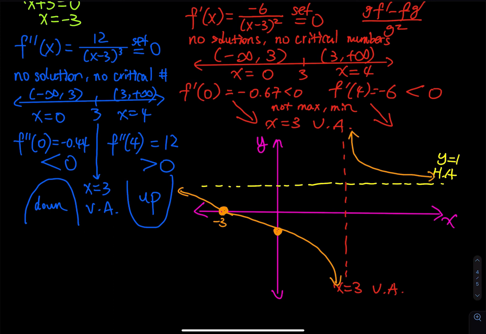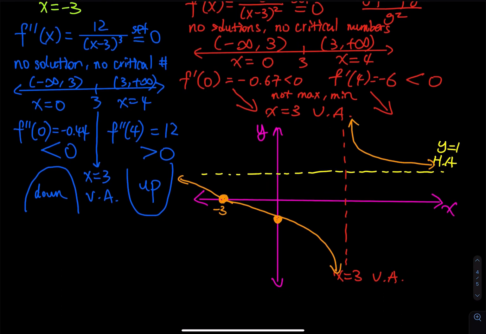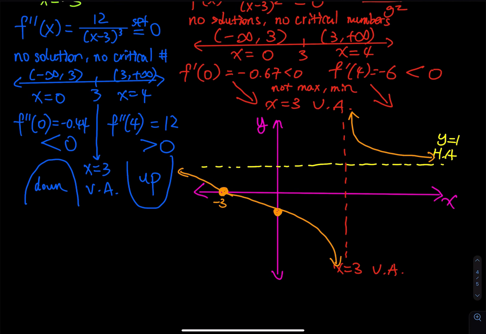And then how do I know at x equals 3 that one side is going down and the other side is going up? This is easy. You have to test what happens when x approaches 3 from the left. So when x approaches 3 from the left, use the function. We have x plus 3, so we have 3 plus 3. You don't need to worry about this. And then what about the minus?